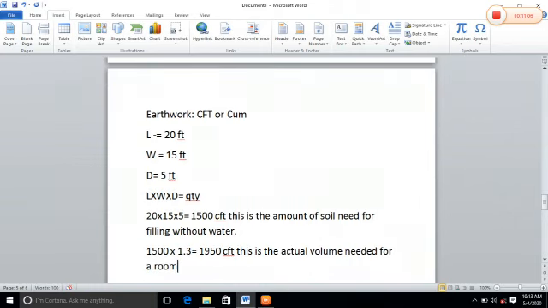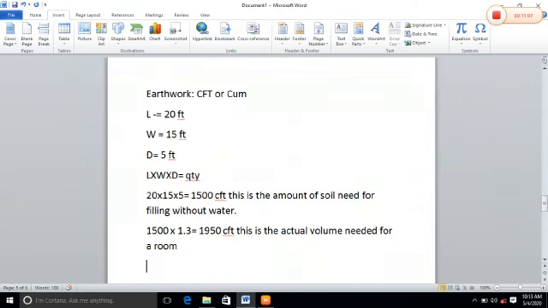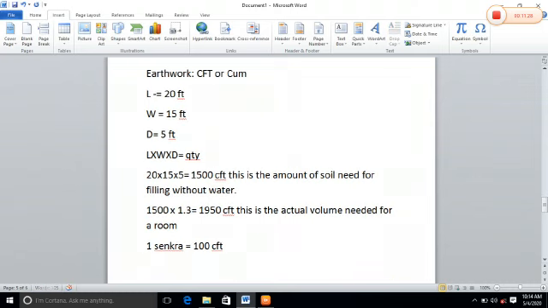In Pakistan, we mostly use sekla instead of cubic feet. Many contractors use the word sekla. So one sekla is equal to 100 cubic feet.